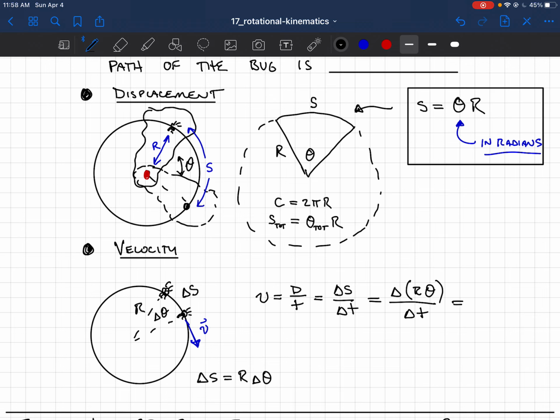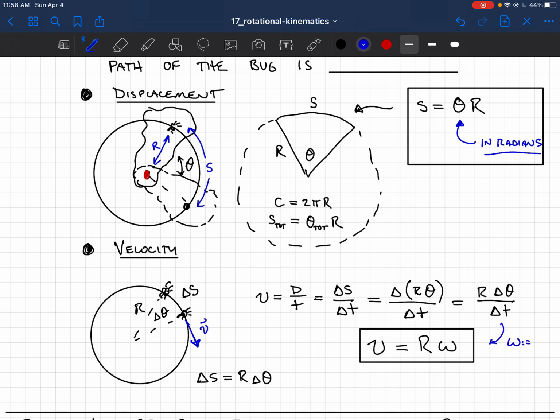So what does that mean? Well, the radius is constant here. That doesn't change over time. So when I say the change in r times theta, I really just mean r times the change in theta. That tells me that v, the translational speed of the object on that circle, is equal to r times omega. Delta theta over delta t, that was our definition of the angular velocity.